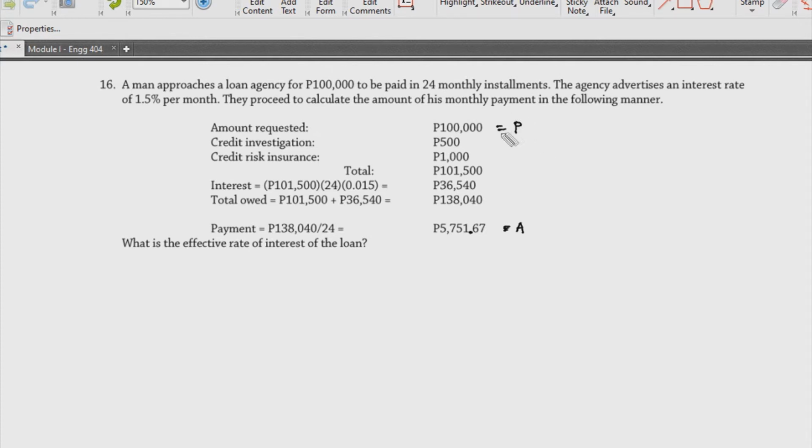So, basically, ito yung ating P, and then ito yung ating A. So, if you try to do this using the formula of our annuity, we could say that for our present worth, that is equivalent to A multiplied by P given A, I percent, N. Okay? And then we're actually looking for this I percent sa simula. Kasi kailangan natin ng ating interest rate to determine our effective rate of interest.